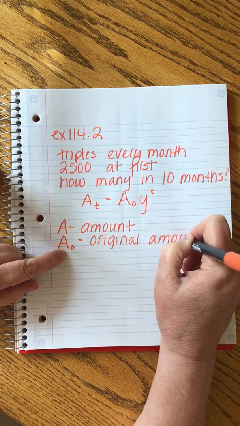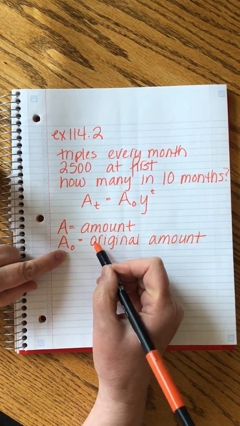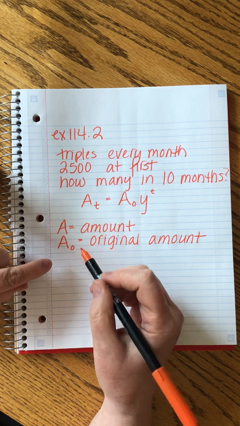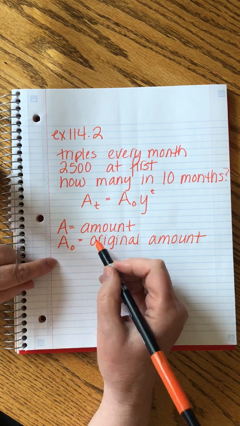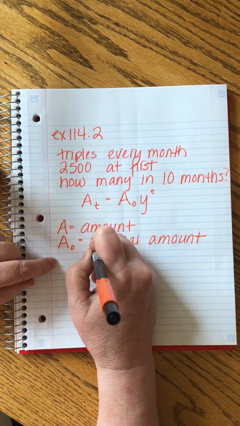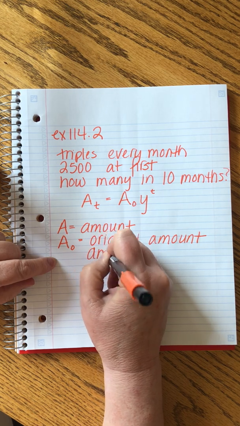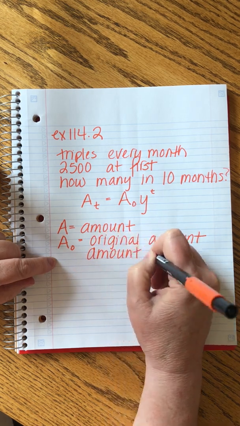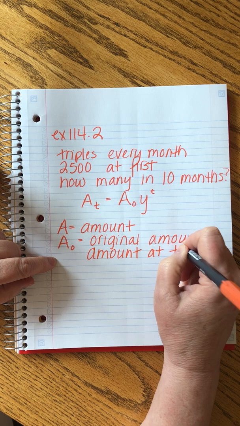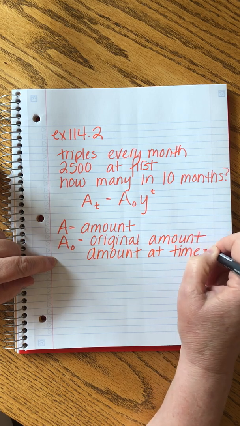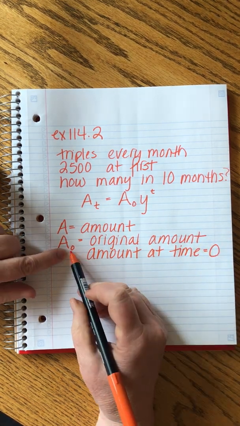Some people remember this by going, oh, O stands for original amount, or some people see it as the amount when the time was equal to 0, and that's a 0.